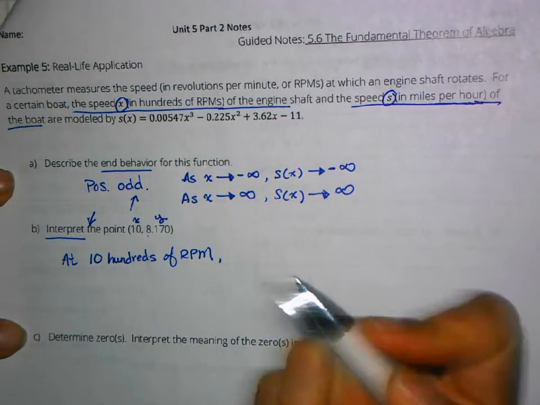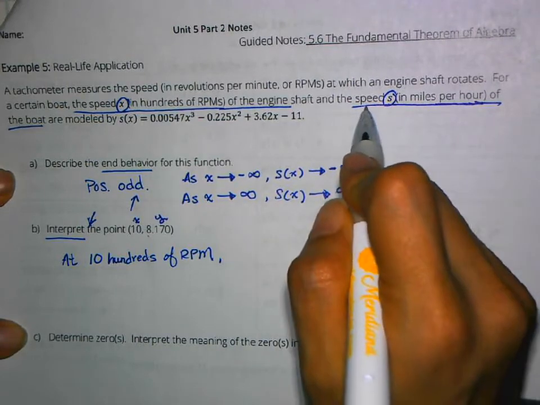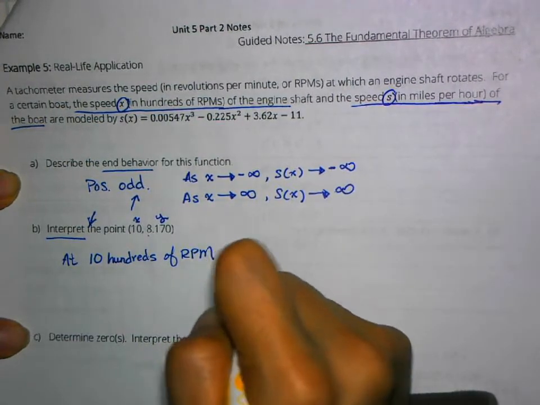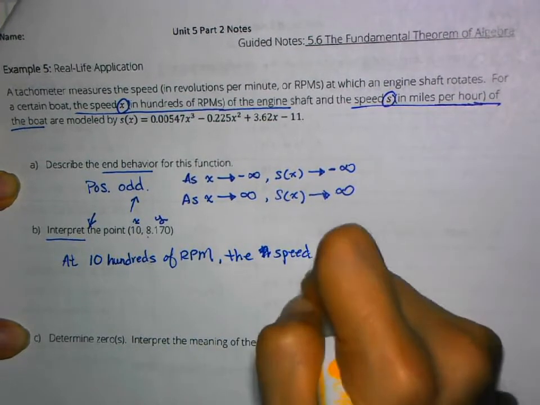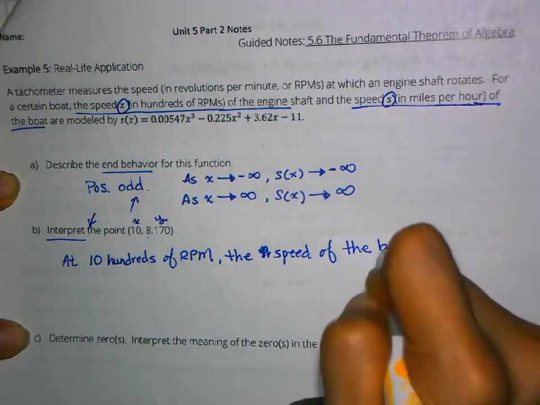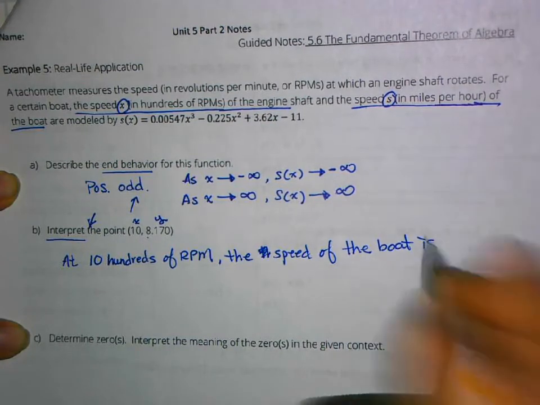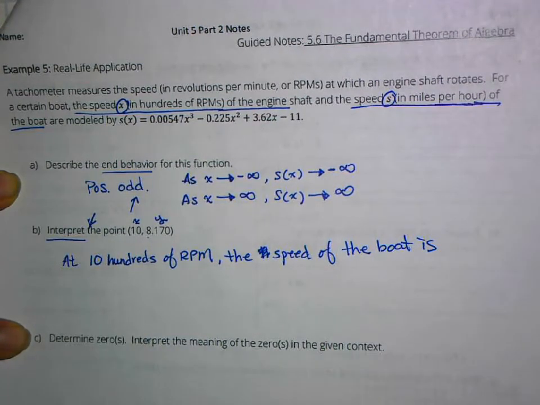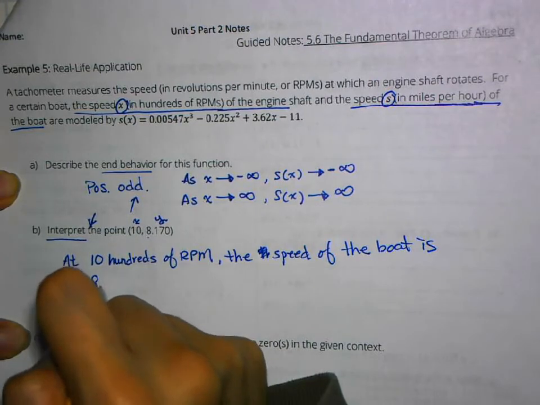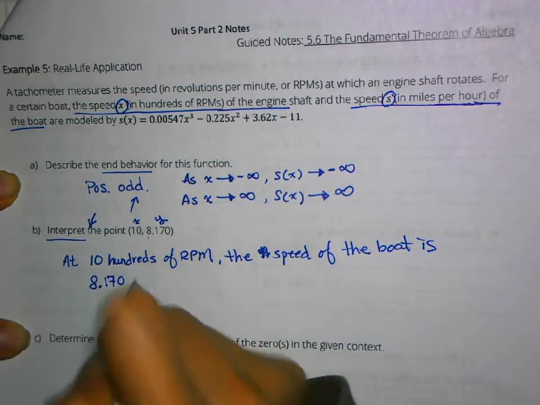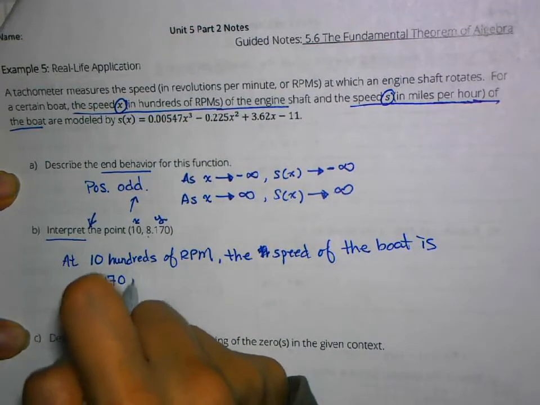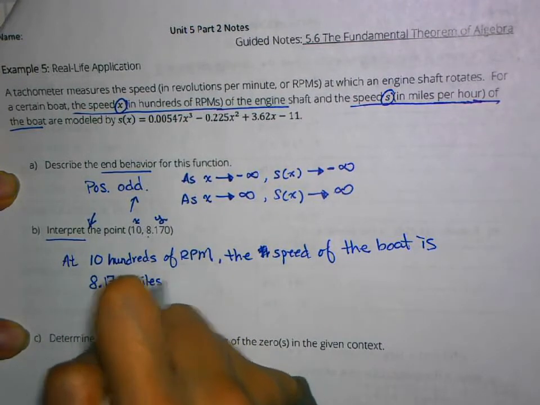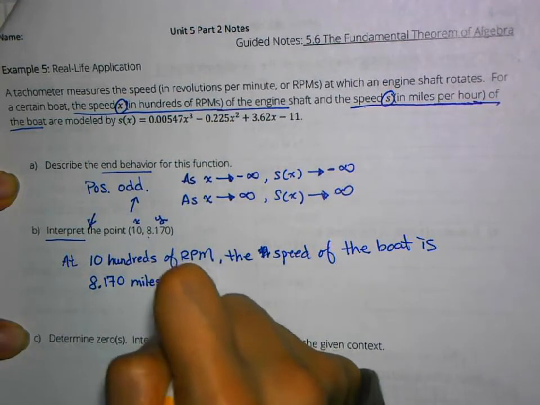Now you're looking at the y. What is my y? S is the speed of the boat. So you have to tell me the speed of the boat is, well, what does it say? It says 8.170, and the speed of the boat is in miles per hour.